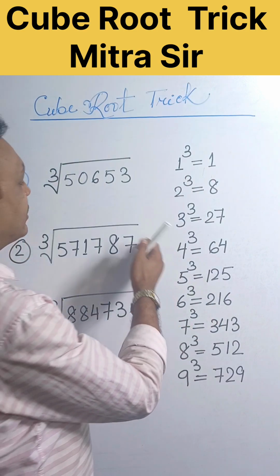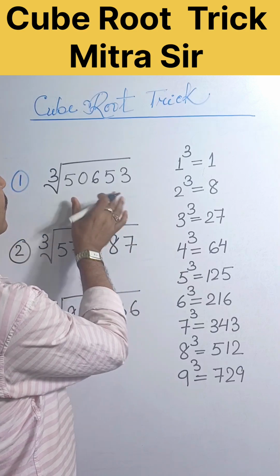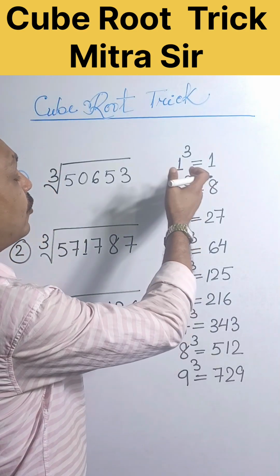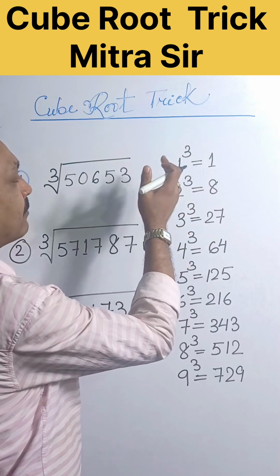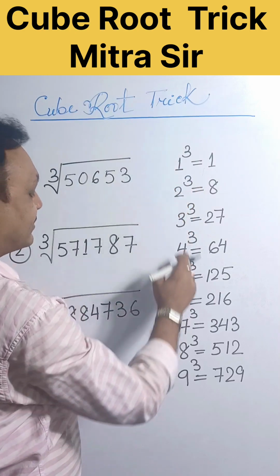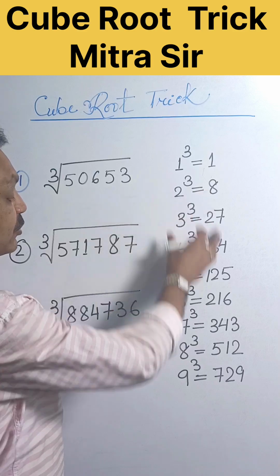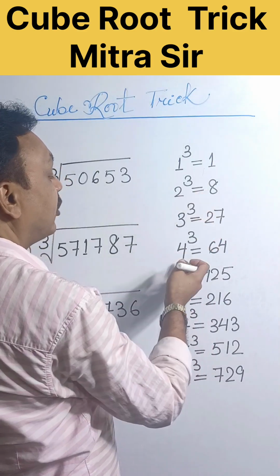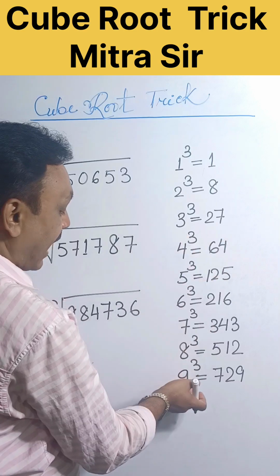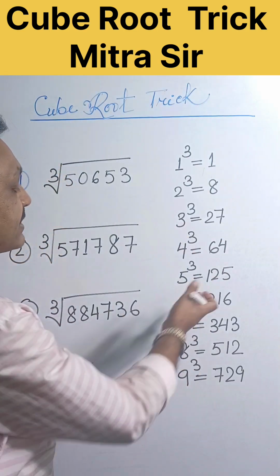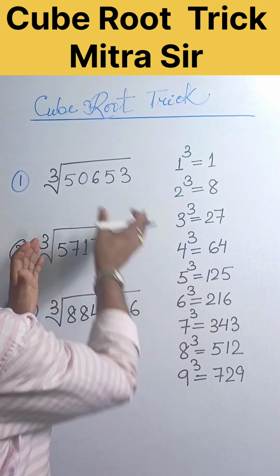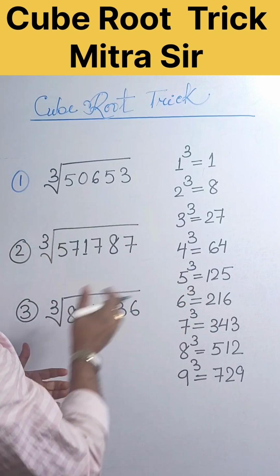Before that, you should remember the cube of all the consecutive numbers from 1 to 9. You should know all the cubes. What is the value of the cube of 3, cube of 4, cube of 5, and so on up to 9? Because these are the things I'm going to implement here. I'll show you how I use them.